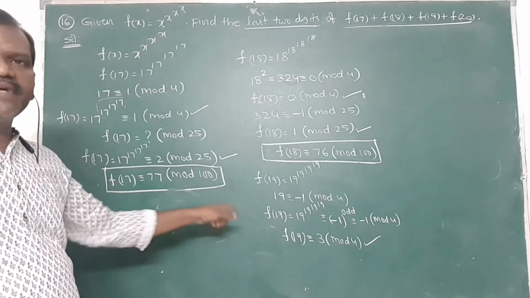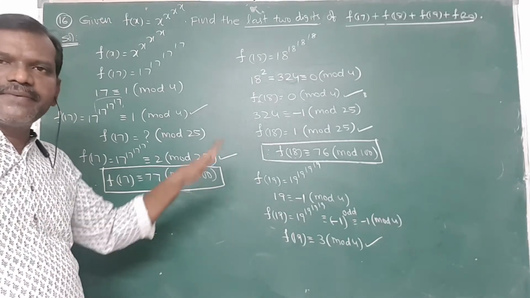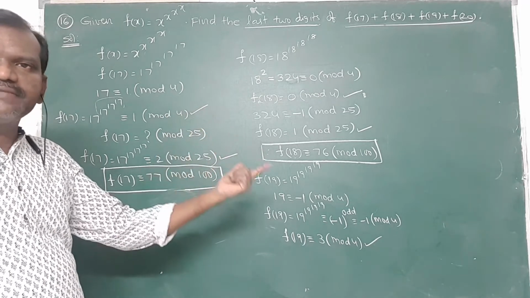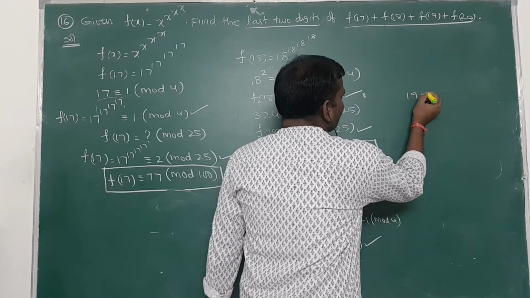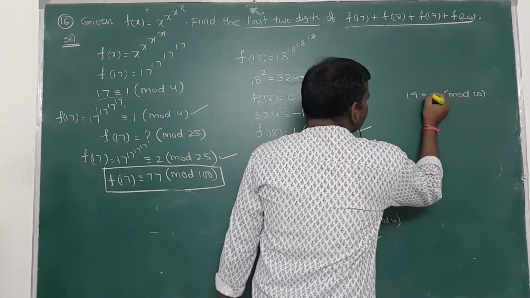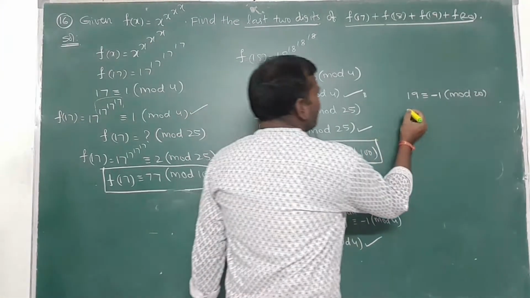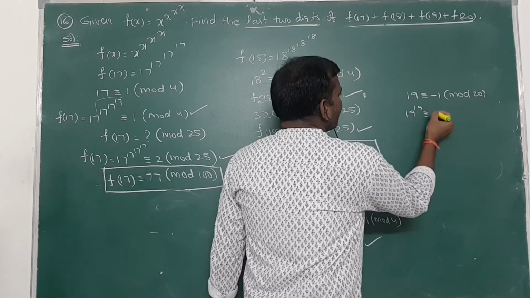But I want the remainder of f of 19 when divided by 25. So again I am doing some rough work here. When divided by 20, 19 has remainder minus 1. So 19 power 19, if I take it, I am getting minus 1 whole power 19, minus 1 only.